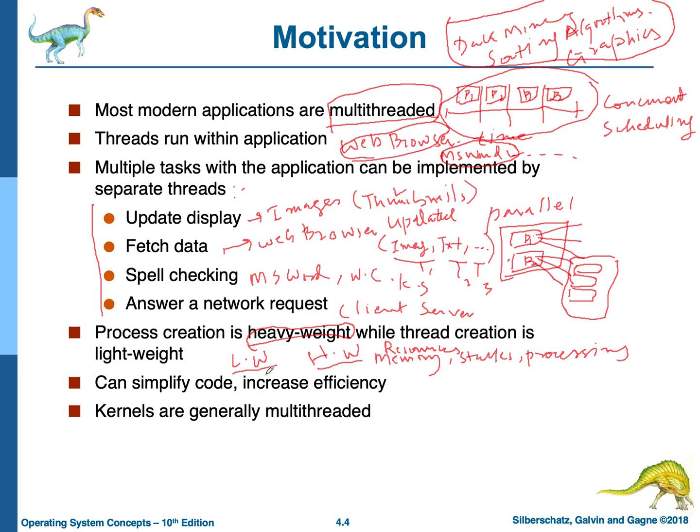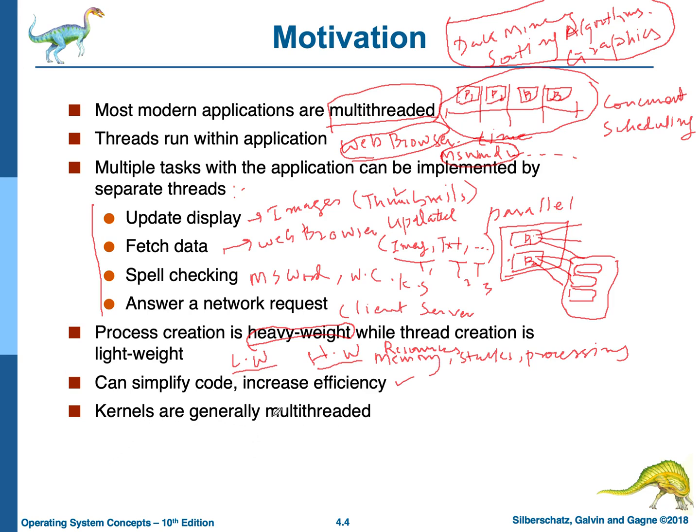So it does not require reallocating the resources, but utilizes some part of the existing resources in a full-weight process. Furthermore, it can simplify the code and also increase the efficiency.